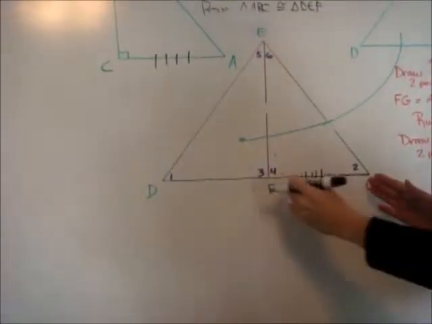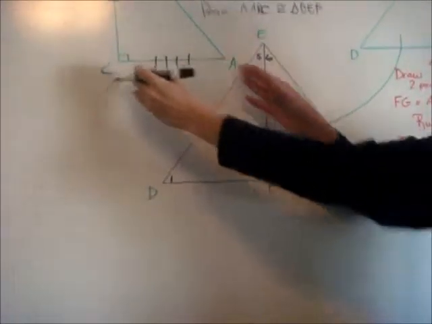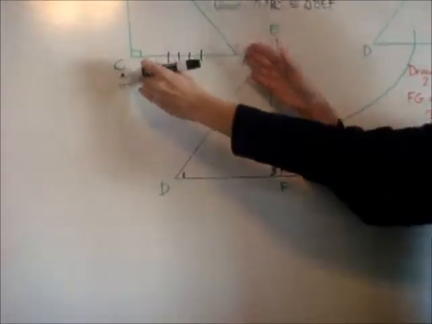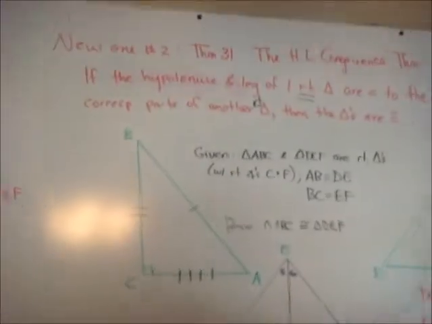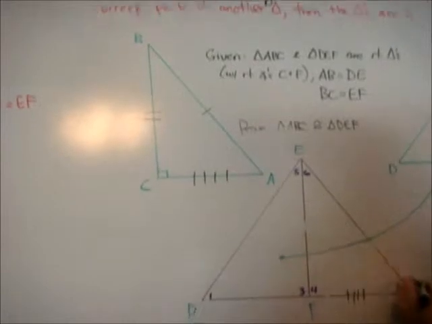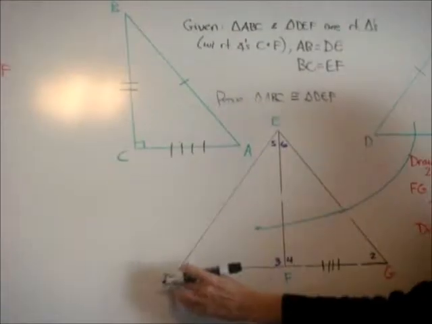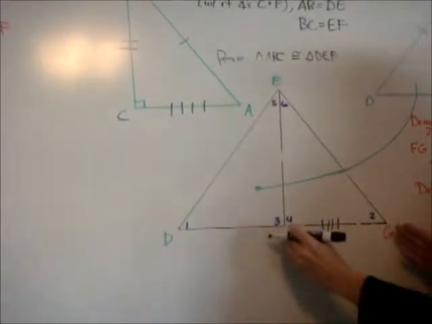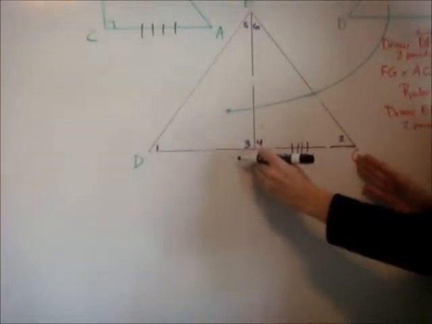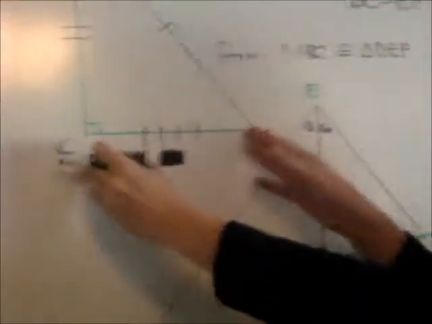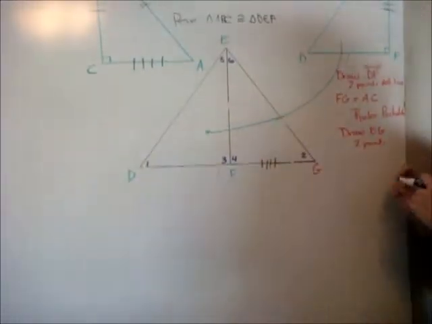But we know that this is equal to this because I'm drawing it the same length. Then I'm going to connect these points E and G, and that's the ruler postulate, I can connect it. So I drew this line and stopped it so that FG is the same length as AC, and then I drew this line, and I can do that because of the ruler postulate.